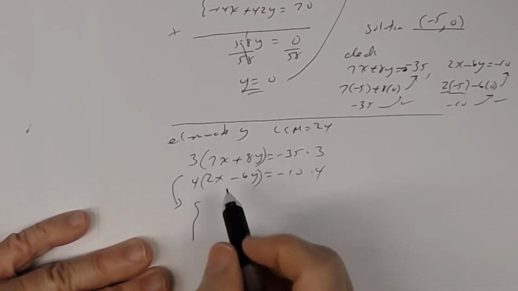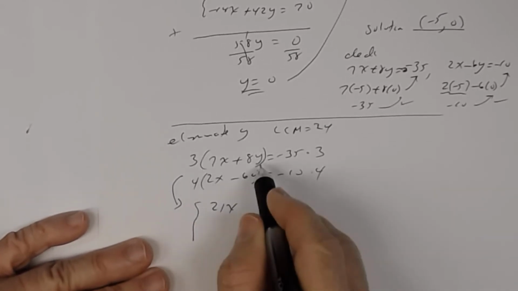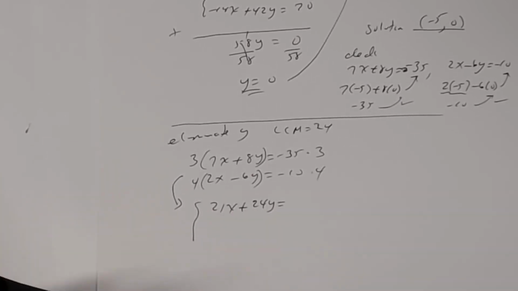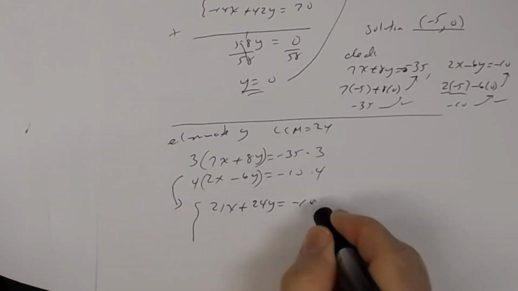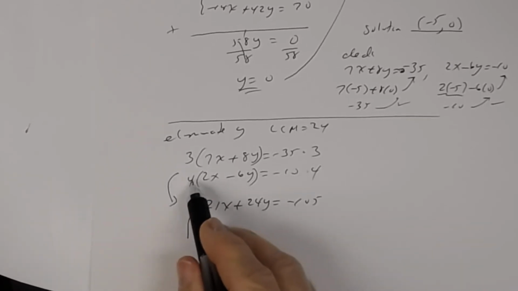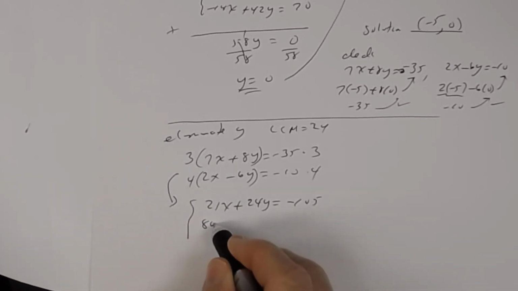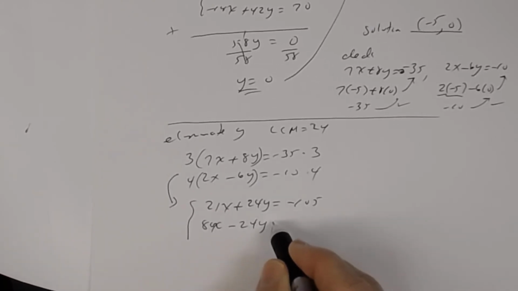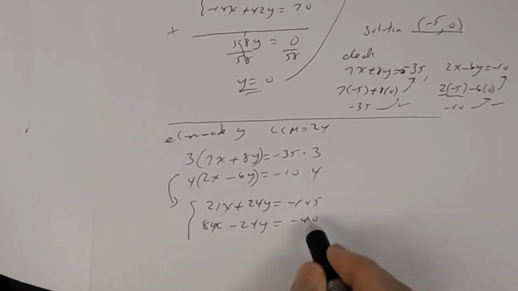So we have 3 times 7x is 21x. 3 times 8y is 24y equals, and then 35 times negative 35 times 3 will go to negative 105. Over here, 4 times 2x is 8x. 4 times negative 6y is a negative 24y equals, and then that's negative 40.